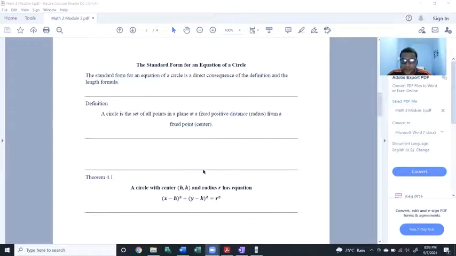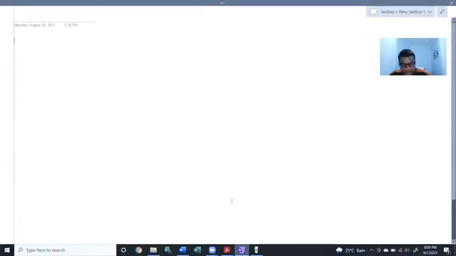So paano ba ito na-derive na formula, class? It is derived based on the definition of the circle. Suppose, class, we have this coordinate plane.